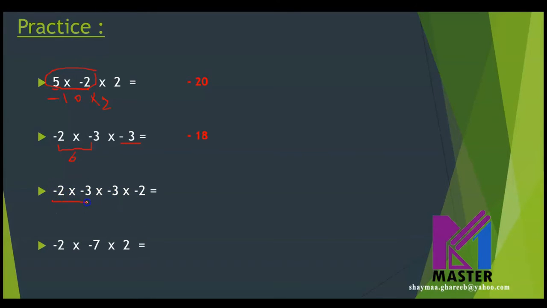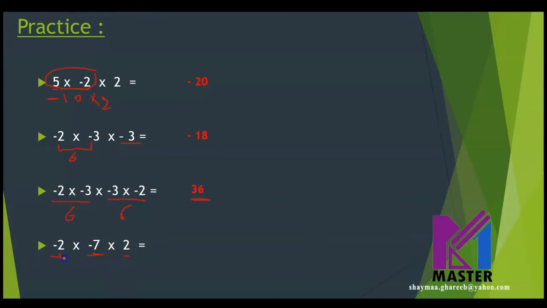Negative 2 times negative 3 gives 6. Negative 3 times negative 2 gives 6. 6 times 6 gives 36. So when I have 4 negative numbers multiplied by each other in the sentence, the answer is a positive number.